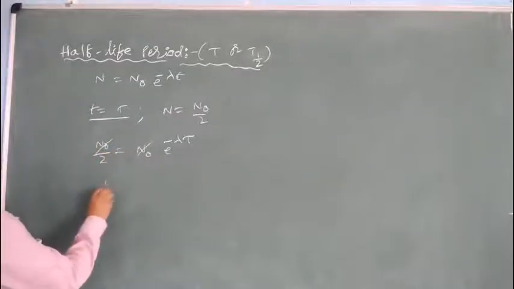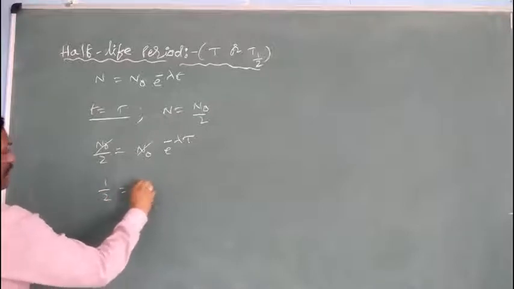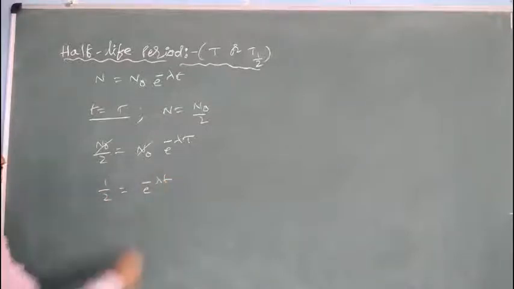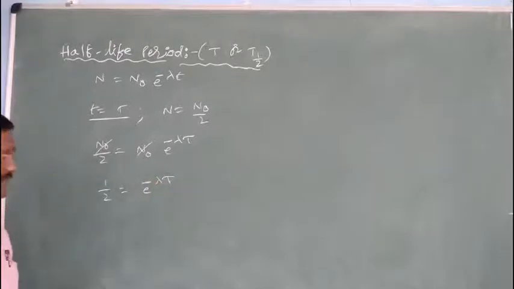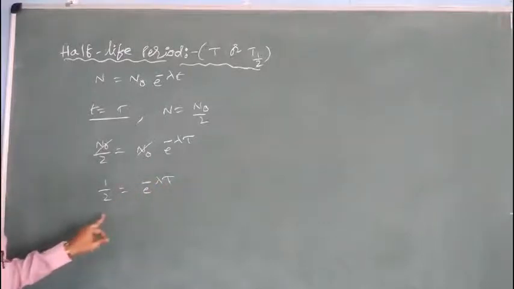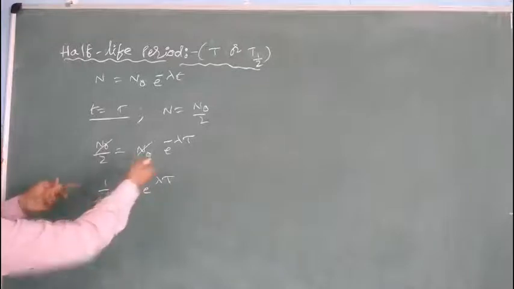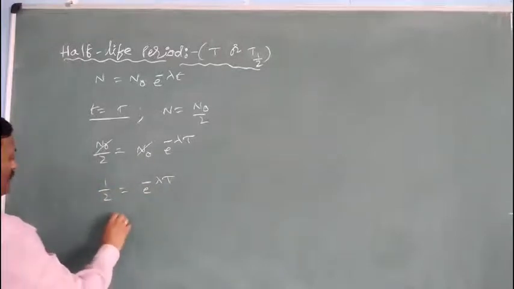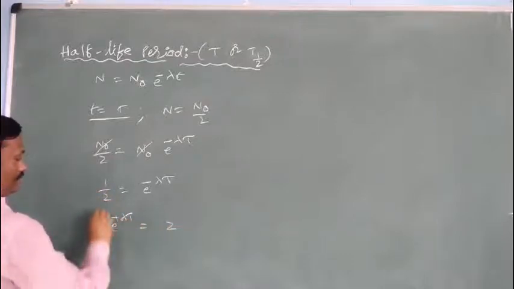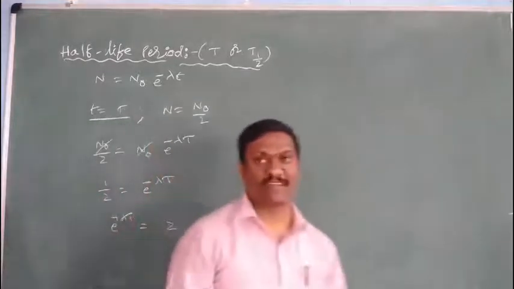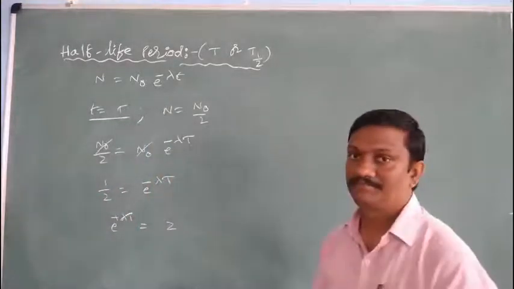So 1 by 2 is equal to e power minus lambda into capital T. Make it reverse. E power plus lambda T is equal to 2.